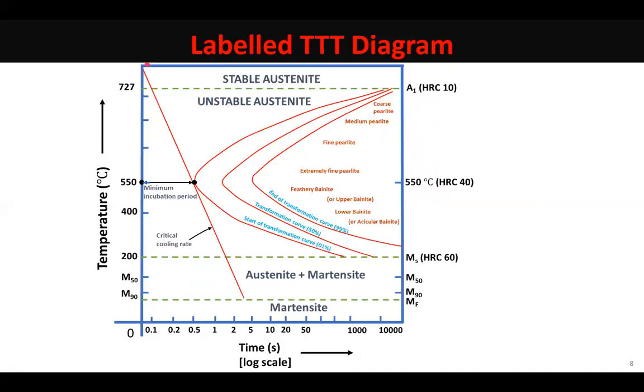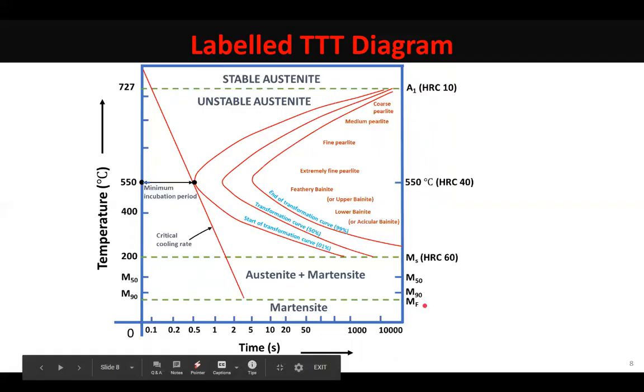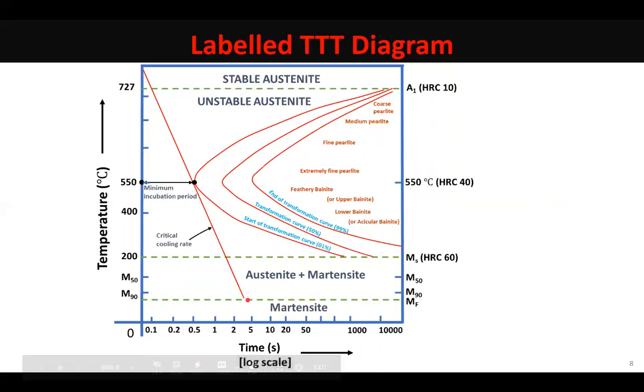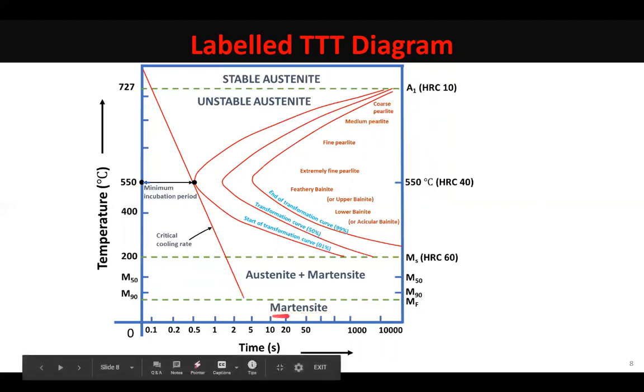Then austenite will have only one option, to transform to martensite. But for martensite also, there is a temperature at which austenite to martensite transformation begins, and there is another temperature at which austenite to martensite transformation finishes. Until and unless you have extended your cooling to an extent that you touch the MF, only then can a 100% martensitic structure be seen in the steel.